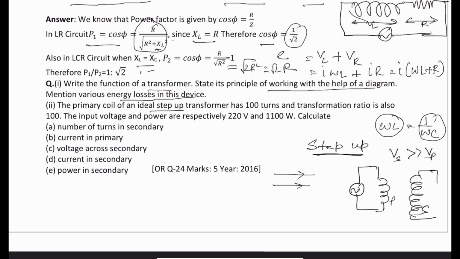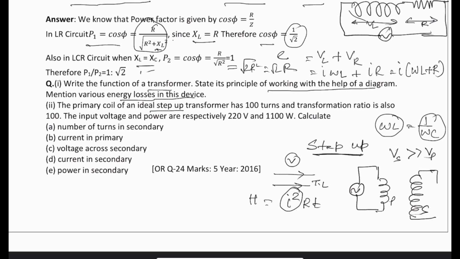So for getting more current delivered from the electric power generation, but if more current flows through the transmission line, then what will happen? Heat will be produced. I square RT is the formula for heat. So heat produced is proportional to the square of current. That is why we never pass very huge current through the transmission line. We reduce the magnitude of current and increase the voltage.